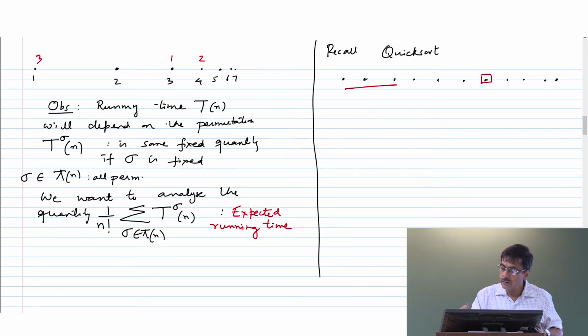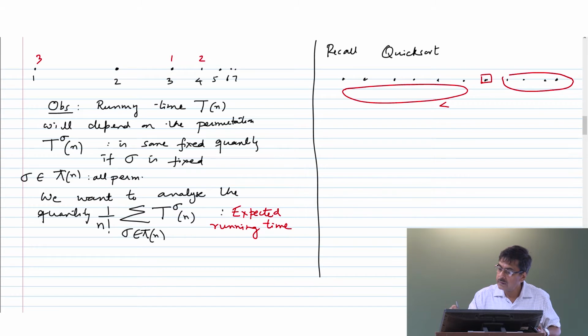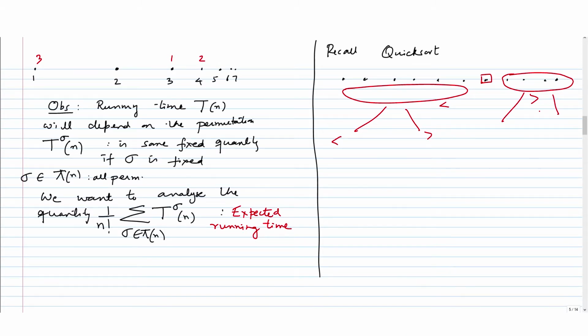This is all points. So this is, let us say, the less than, and this is the greater than, and recursively again I split this set, and I keep going. Right? I partition, I pick a pivot.